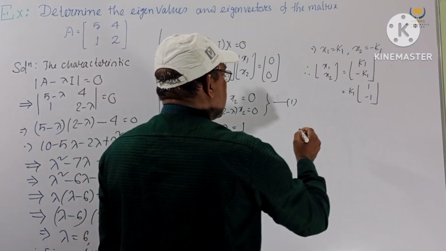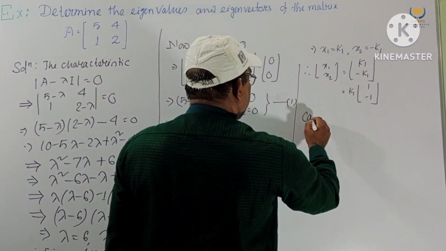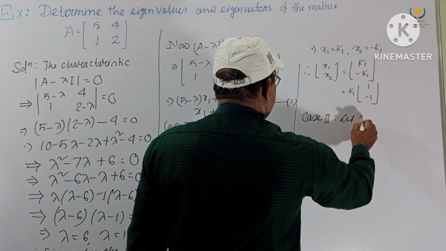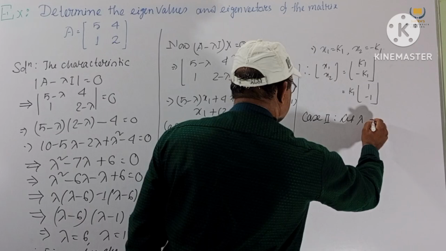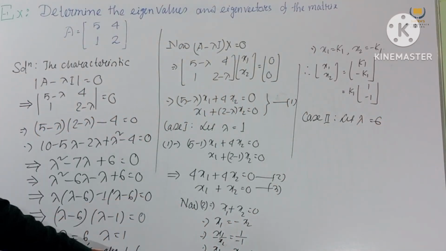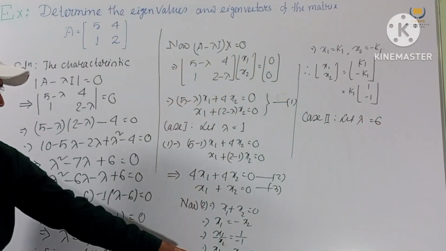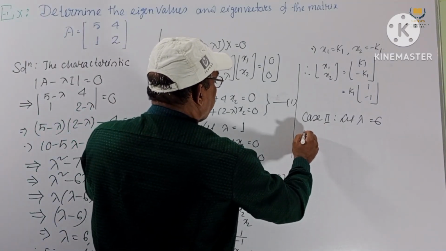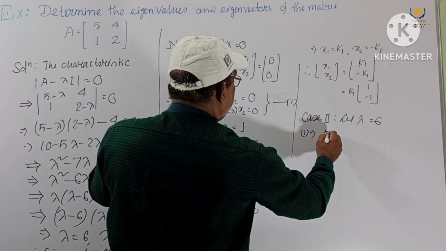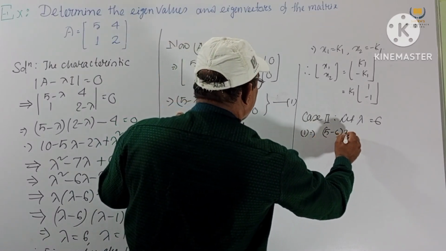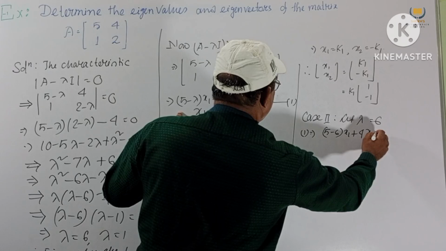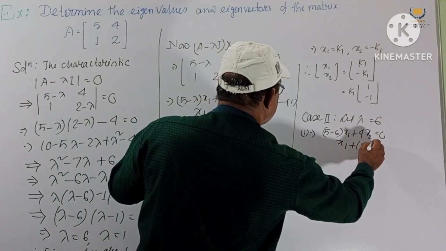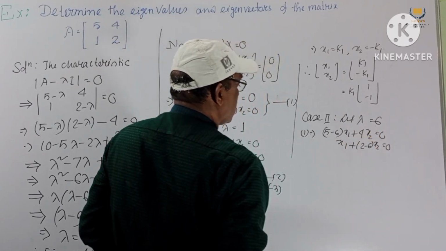Next we consider case 2. In case 2, let lambda equal to 6. We get two eigenvalues, 1 and 6. First we put 1, we got this relation, and now putting 6 in equation 1: 5 minus 6 times x1 plus 4 x2 equal to 0, x1 plus 2 minus 6 times x2 equal to 0.